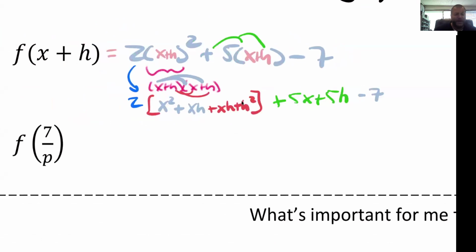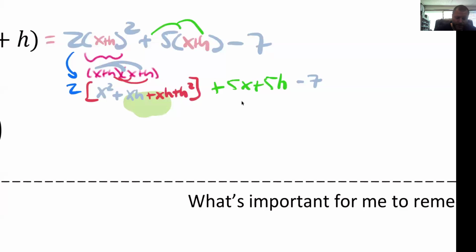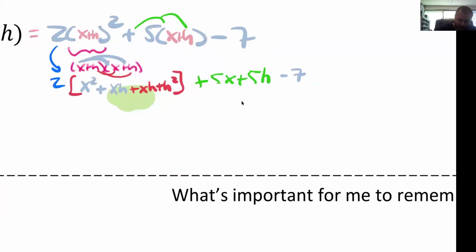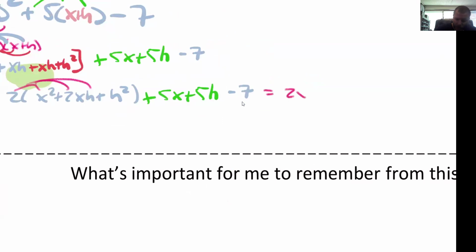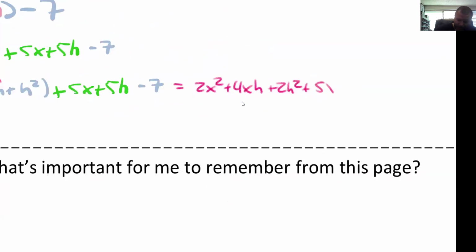So let's see what things I can combine. I'm going to get a 2xh with those values. So I'm going to get 2 times (x squared plus 2xh plus h squared). None of this stuff changed yet. And then I'm going to distribute my 2 to everything inside, and I'm going to end up with 2x squared plus 4xh plus 2h squared plus 5x plus 5h minus 7.